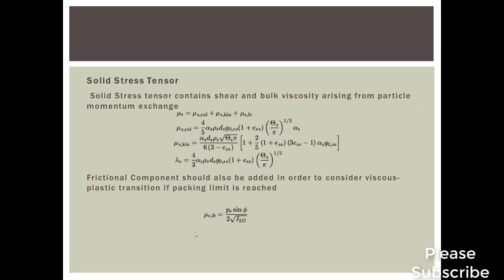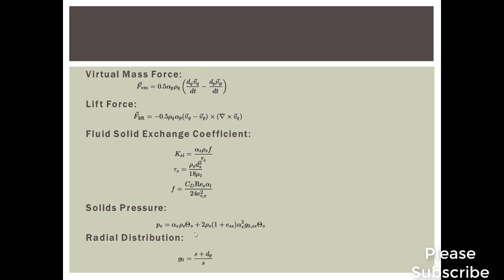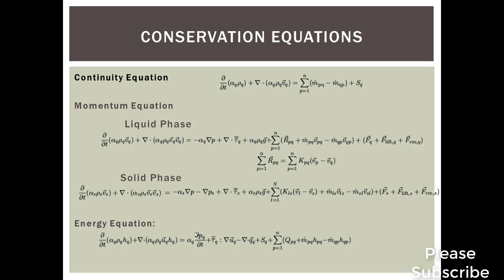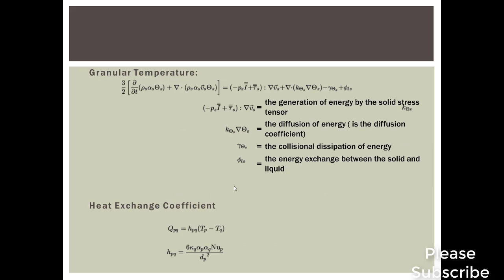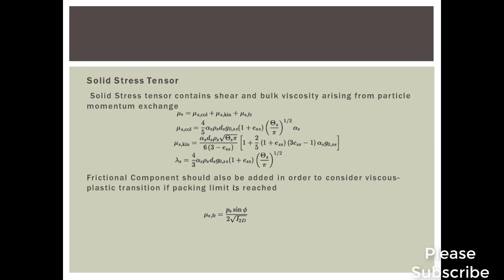Now this is the solid state stress tensor which we have left finally. In the solid state stress tensor, I think we have good knowledge of the stress-strain tensor for liquid phases. But this is the extra term which is introduced in this solid phase, that is the extra stress that is created due to the viscosities like collisional viscosity, kinetic viscosity and frictional viscosity.